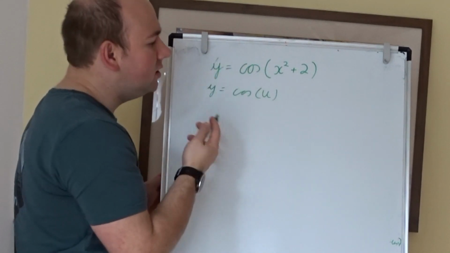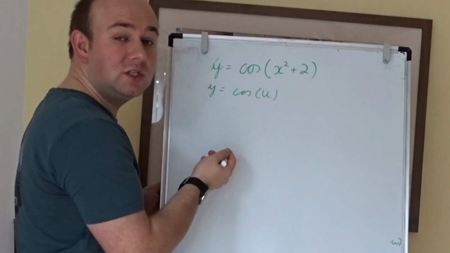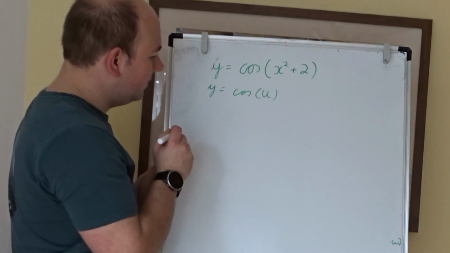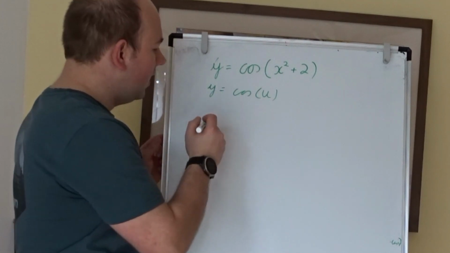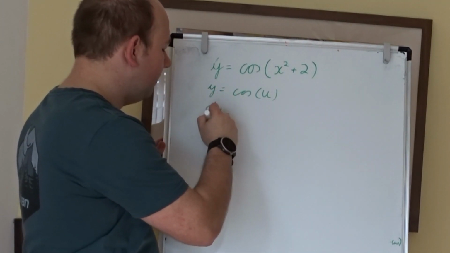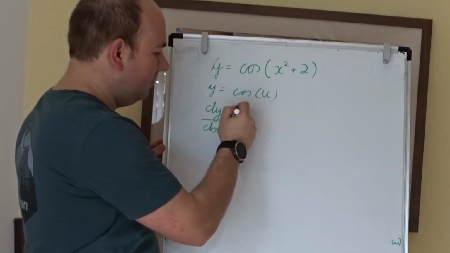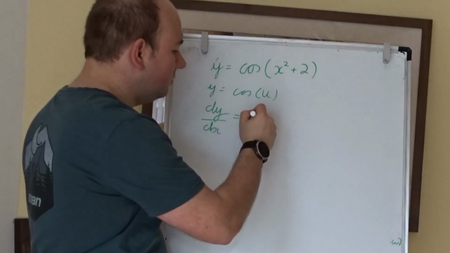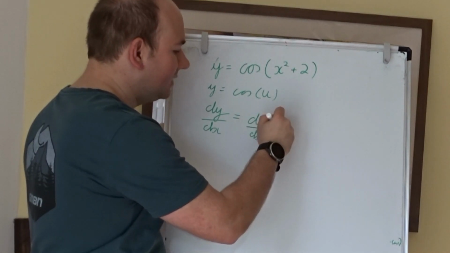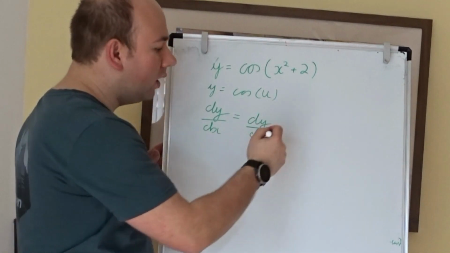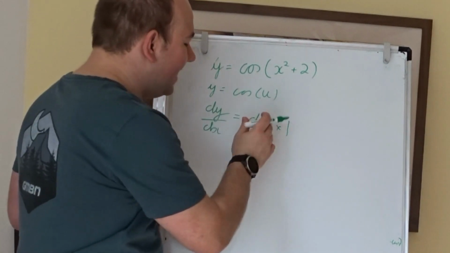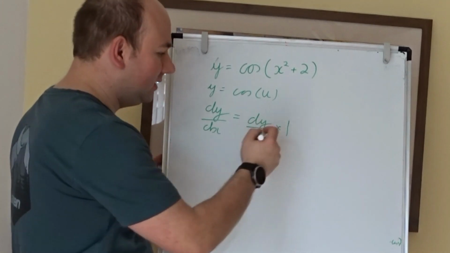So the way we do this is by the chain rule, which is a substitution method. So the idea is that dy by dx could be equal to dy by dx multiplied by 1. This is obvious, so you have to bear with me, but if you multiply something by 1, it returns itself.